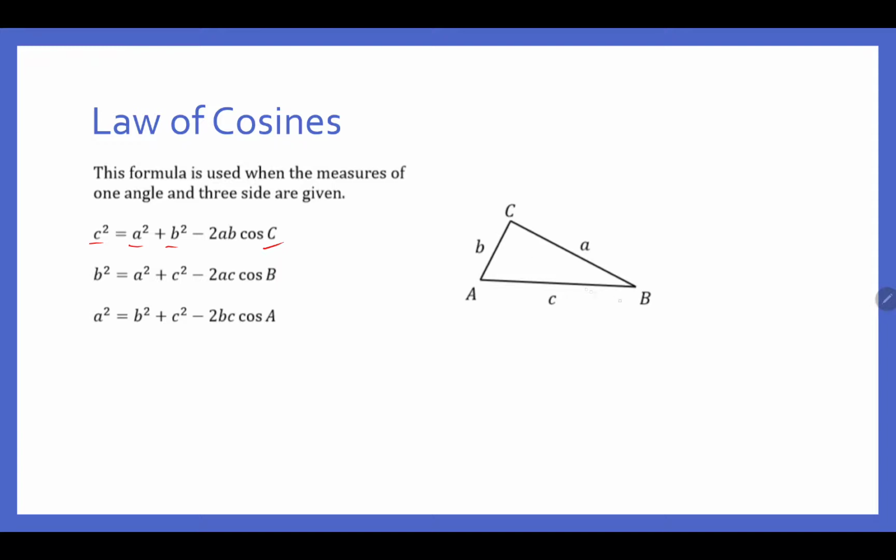Capital A, B, C denote the angle at each vertex, while small letters a, b, c are the side lengths located opposite the vertex. For vertex B, the opposite side is small b. For vertex A, the opposite side is small a.